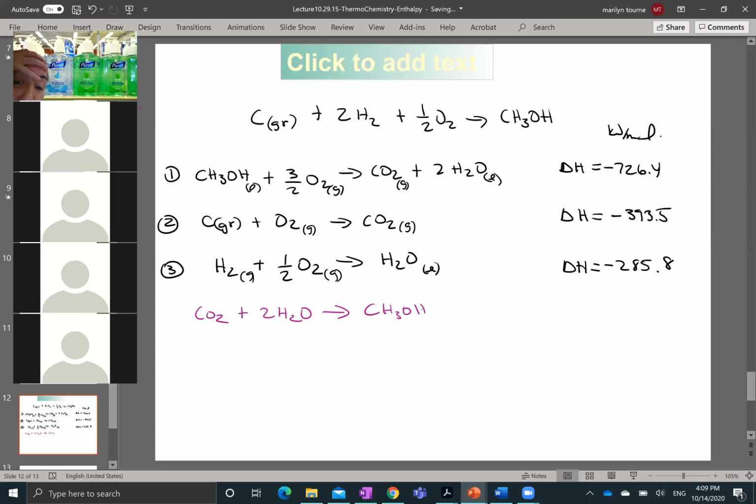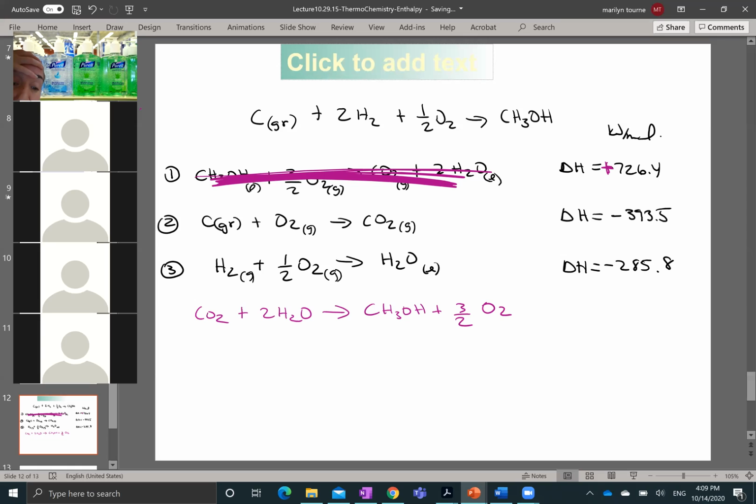So this is methanol, by the way, guys, CH3OH. Methanol because it's an alcohol. 3 halves O2. Okay, so that means that we don't use this guy anymore because we've already flipped it. But what do you do to the enthalpy value? You change the sign. Okay, so this would become positive 726.